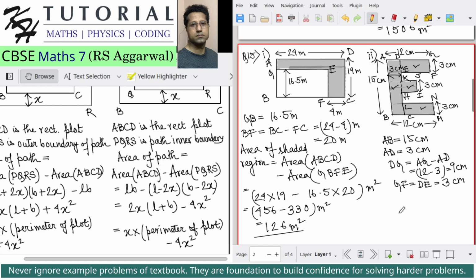How will I find KG, KJ or HI? This one, the whole length is 12 centimeter.